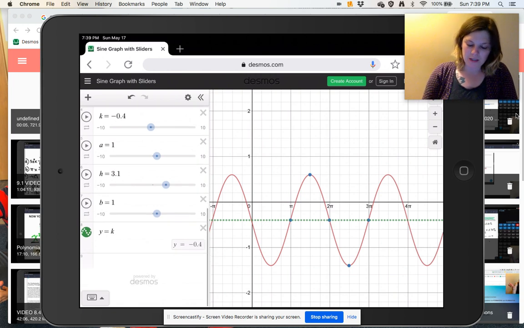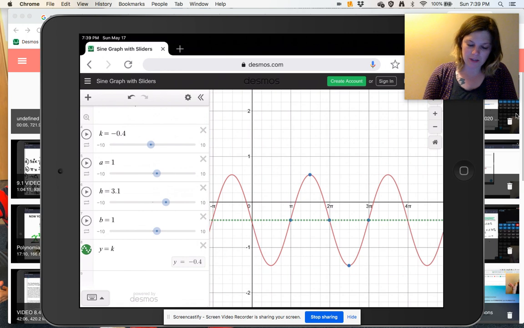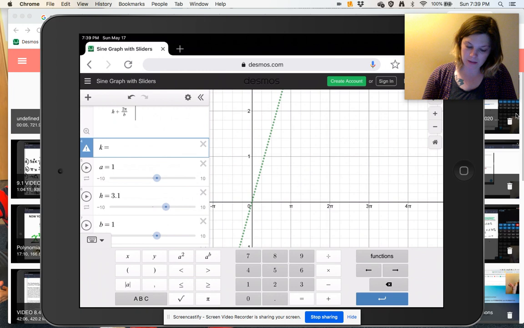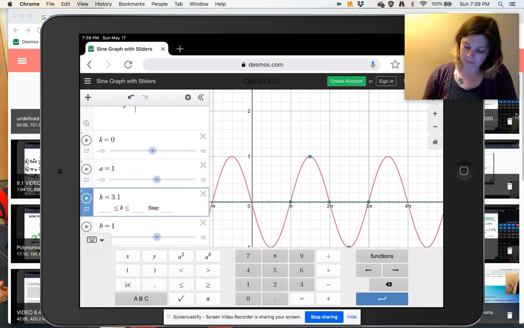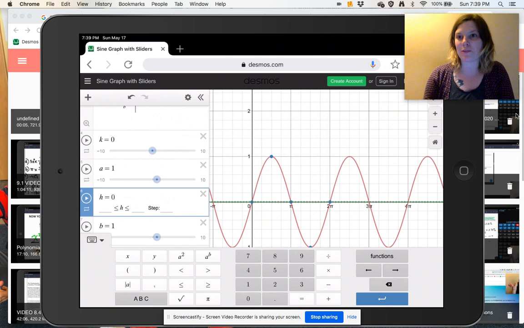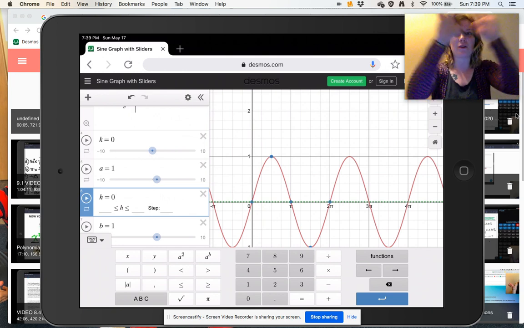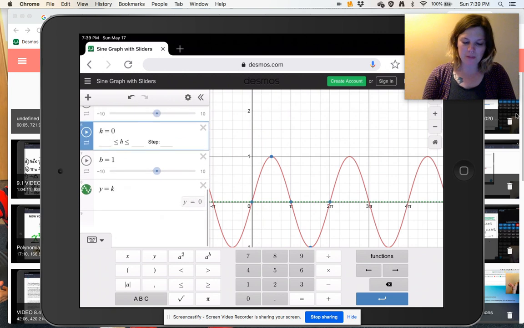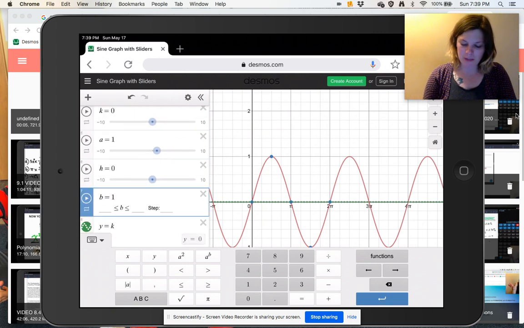For the b value, well, let's set everything back to the beginning here. 0, 1. And we'll talk about what these values mean in a little bit, but I just wanted you to get a chance to see overall what a sine graph looks like. And I want you to see overall what these little things change about the sine function. All right, so then the b value.